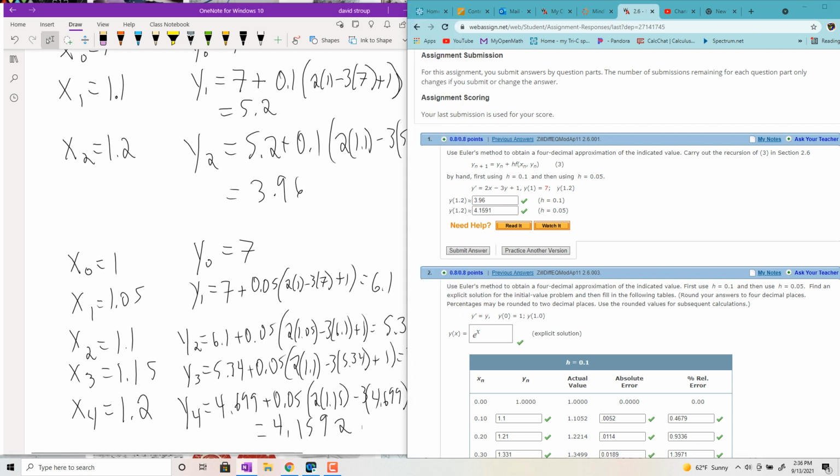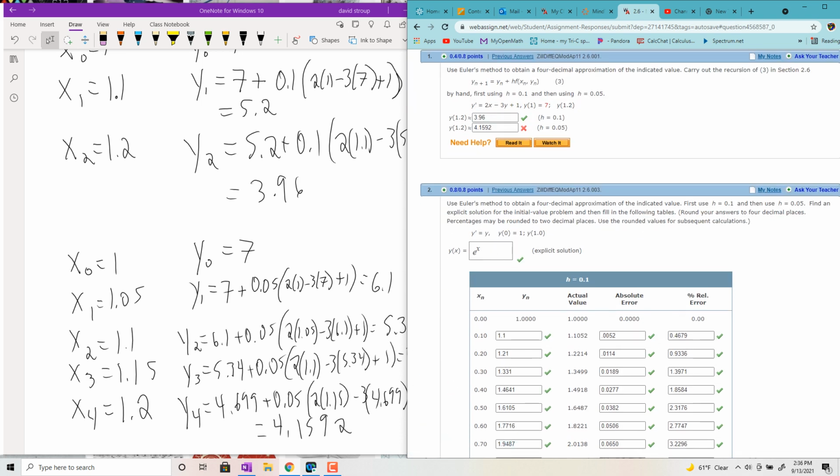It's wrong, unless they've created some new way to round numbers. My answer is 4.15915, and in what universe is that not going to round to 4.1592? But when I put that in for an answer, it marks it wrong.